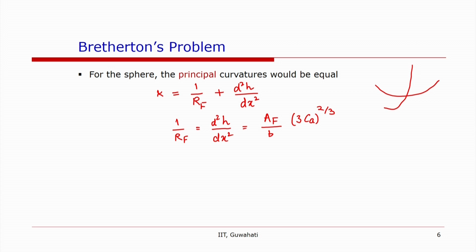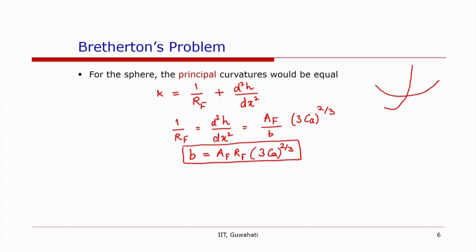That gives us B is equal to AF RF into 3Ca raised to the power 2 by 3.